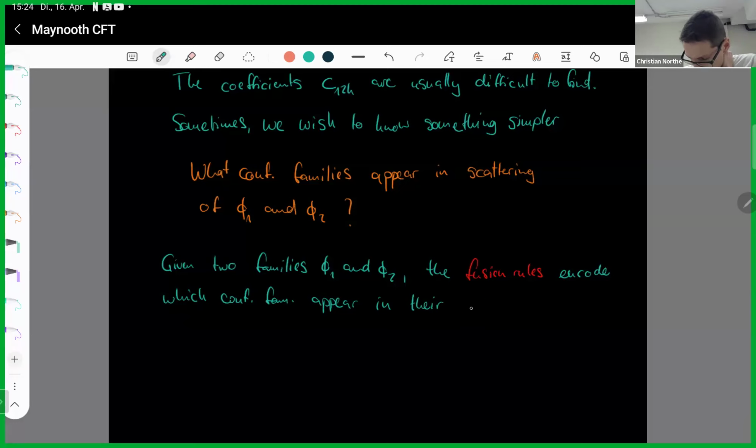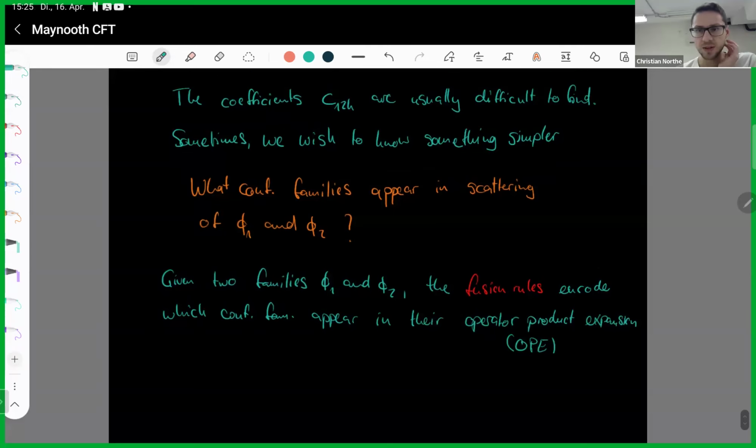Operator product expansion. Since I didn't explain this well, by that I just mean the scattering.